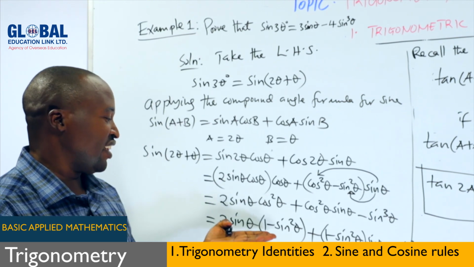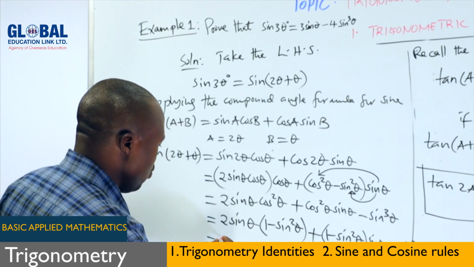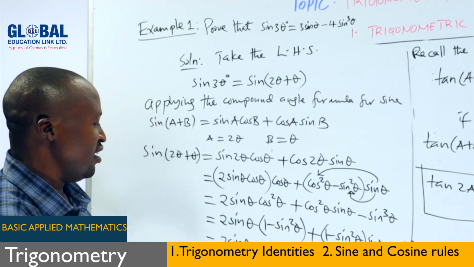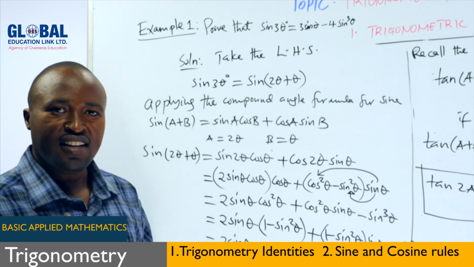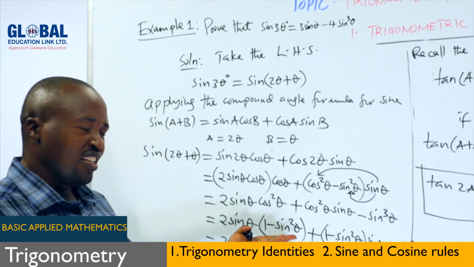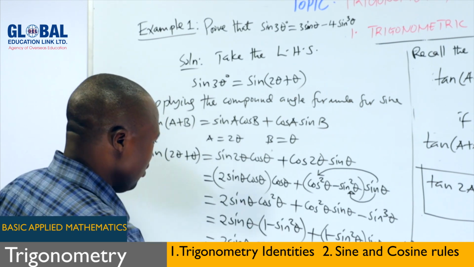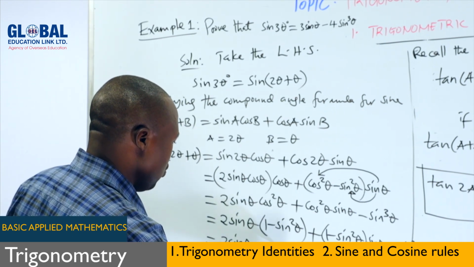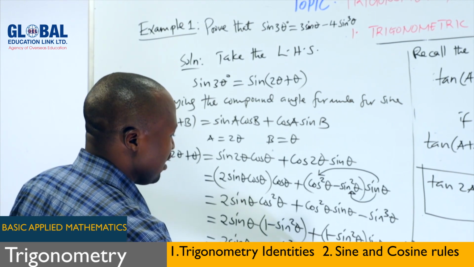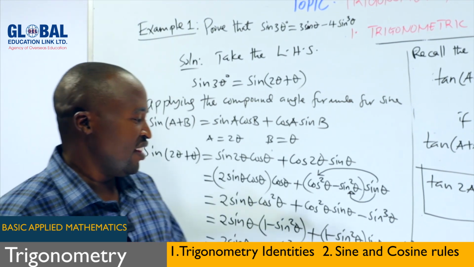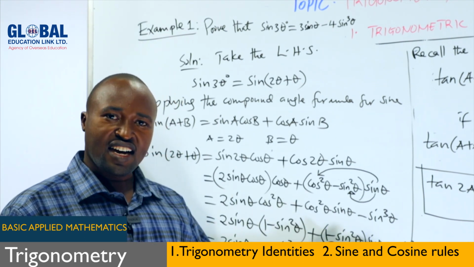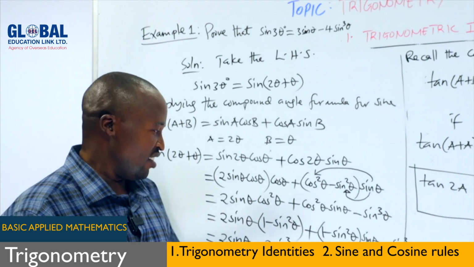Now again, my dear student, we are going to open up the bracket by taking 2 sin theta times 1. That is 2 sin theta. Minus, this time we have 2 sin theta times sin squared theta. That will be 2 sin cubic theta, plus, then again we open up the bracket here, that is sin theta times 1.